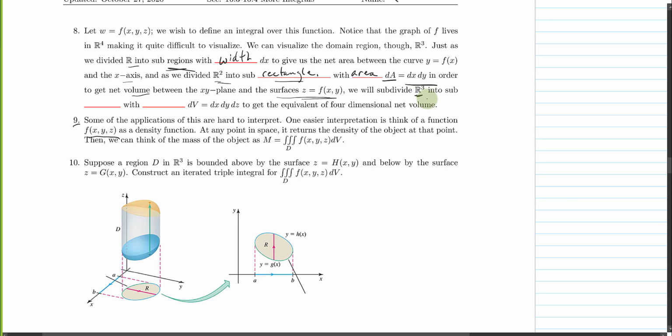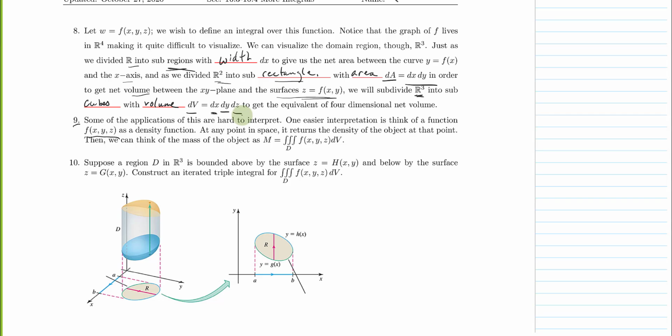We're now going to subdivide R3. What do we subdivide it into? We subdivide it into cubes, each of those cubes having a little volume dV, where you could think of dV as a small x times a small y times a small z. That's giving you the volume of a small cube.